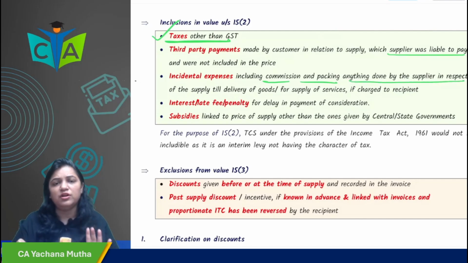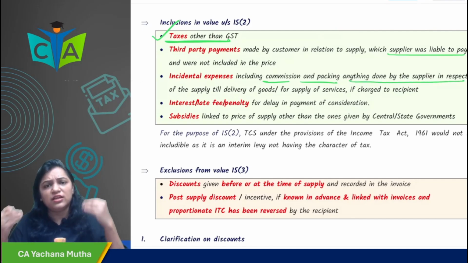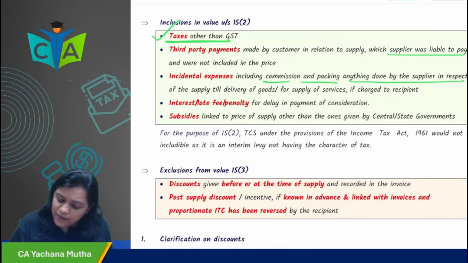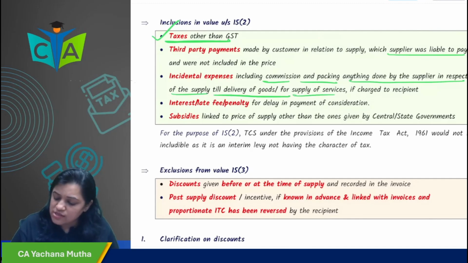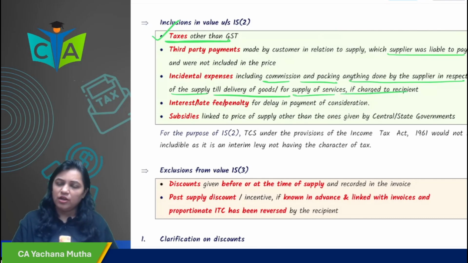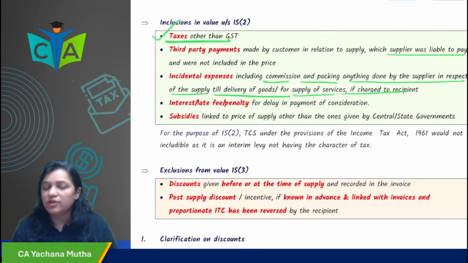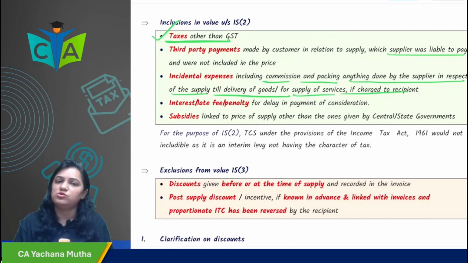Anything done by the supplier in respect of supply till delivery of the goods, if charged to the recipient. If the supplier is charging anything to the recipient, then it is to be included in the price. You have to add it.